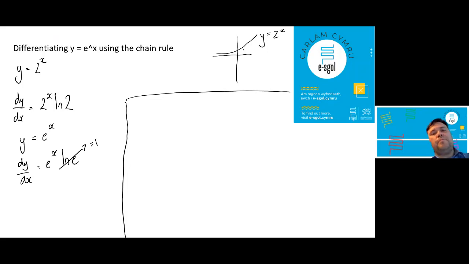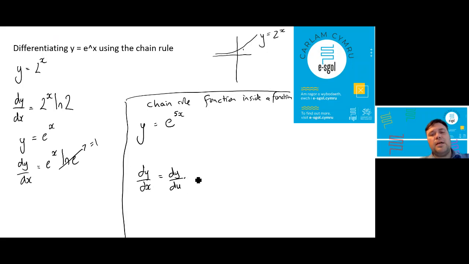So the chain rule is a form of differentiation where there is a function inside a function. We have y equals e to the 5x. How it works is the chain rule is dy by dx equals dy by du times du by dx.